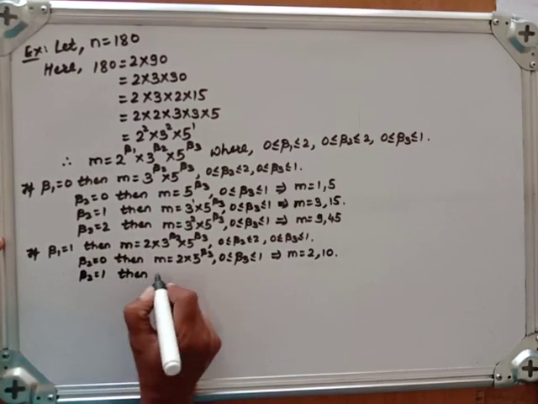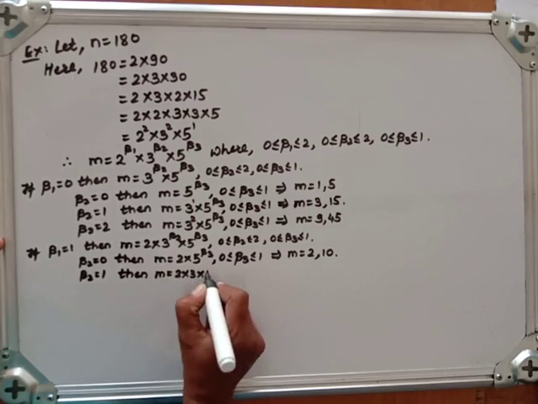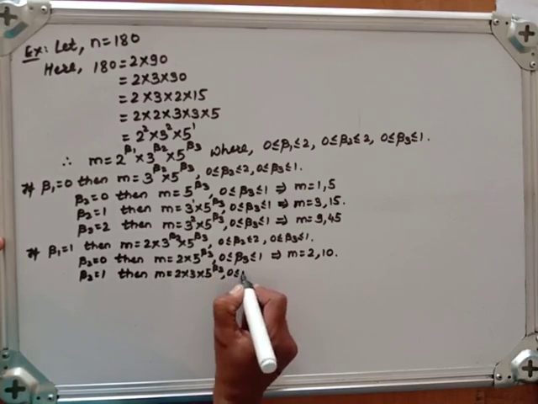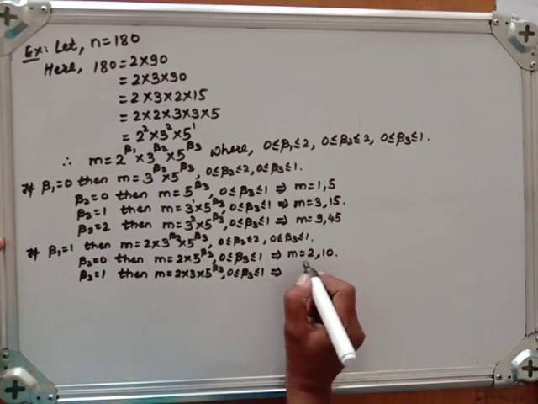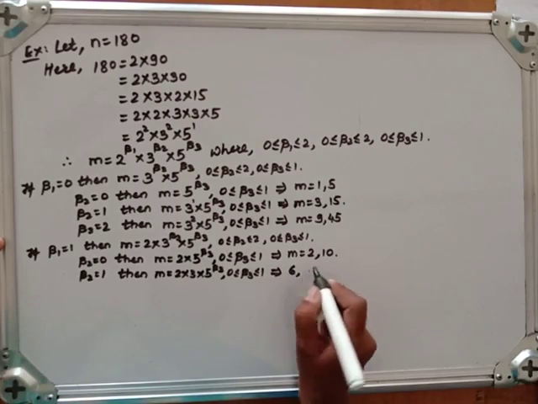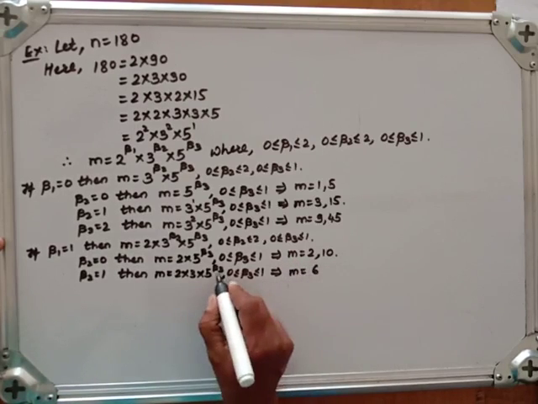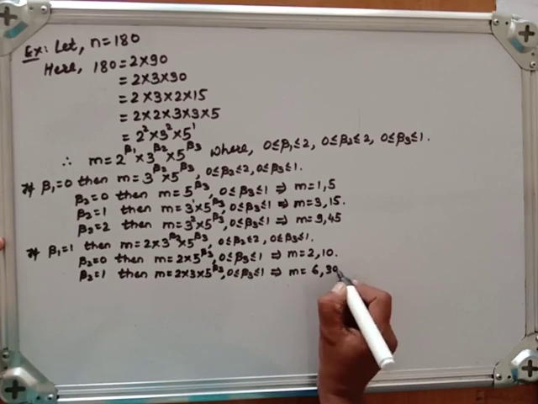Okay. Then beta 2 is equal to 1. Then m equals 2 into 3 into 5 raised to beta 3, with 0 ≤ beta 3 ≤ 1. So that is 6 and 30.